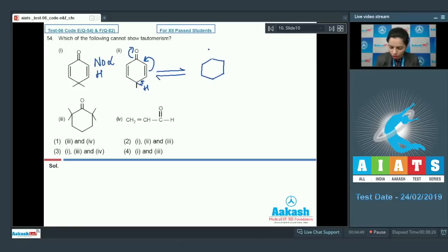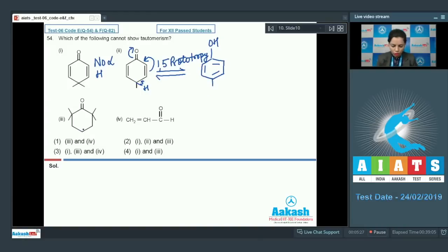This would be the nature, and further it can be changed into OH because this hydrogen is coming to this side, and further it's forming this in this way. It means this is the enol form of this given compound, and what is going on here is 1,5 prototropy that's taking place.